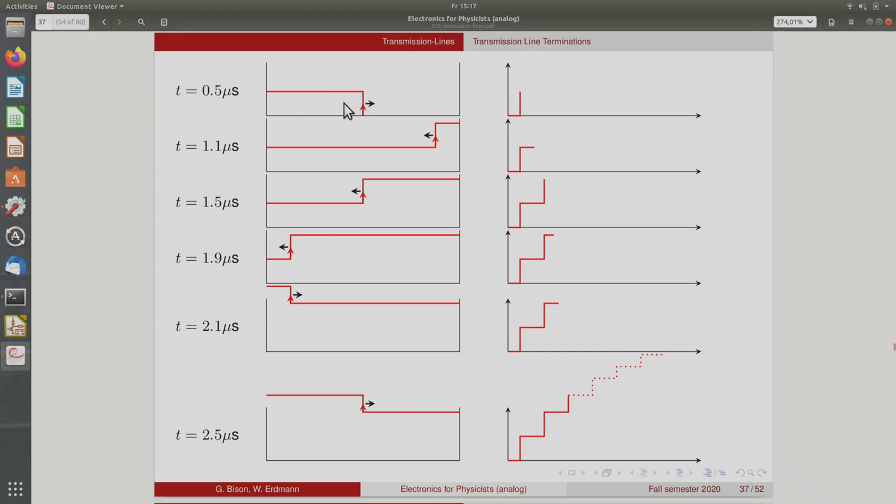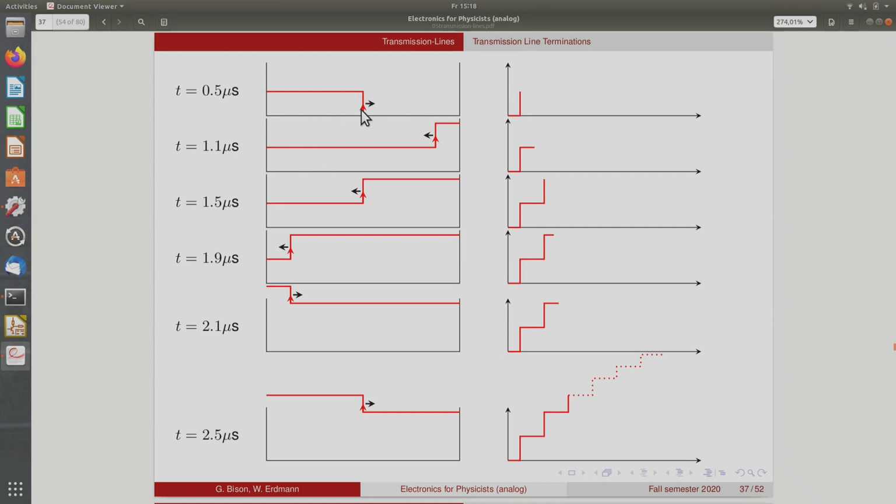So the step propagates along the cable, and at some point it'll reach the end. So this shows then as a function of time here at some point in the middle of the line the voltage. So if you have an oscilloscope in the middle of the line, it'll see a step of 1 volt at this point. And this here is now showing, so to speak, the voltage along the cable.